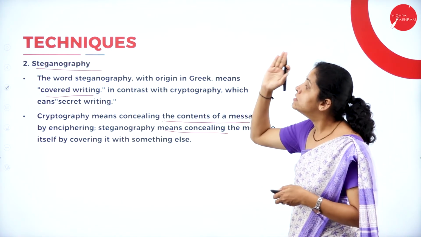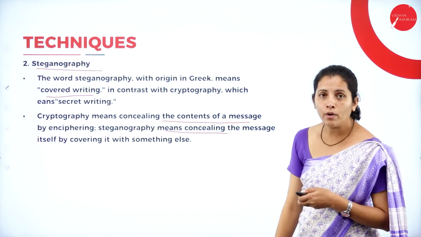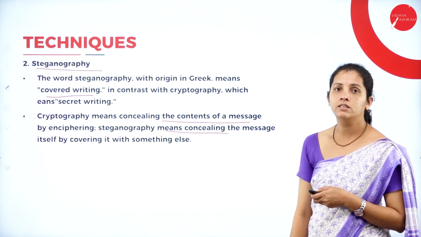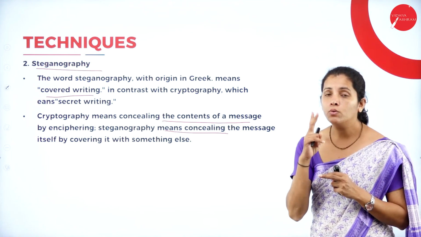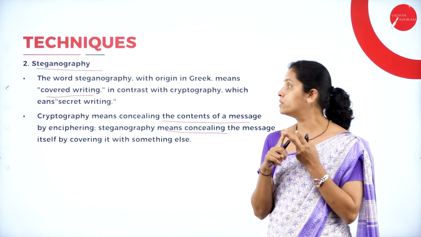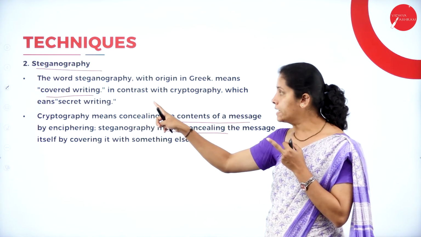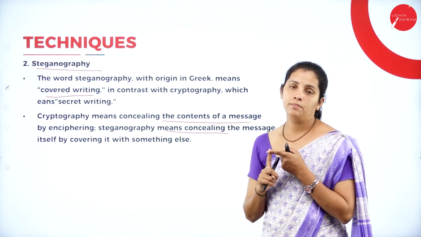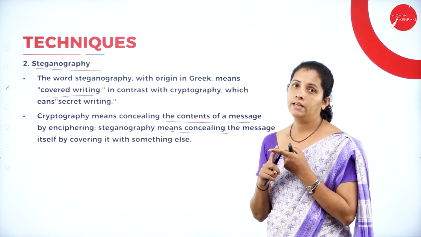So these are some of the different types of techniques we have under network security. Here we have cryptography as well as steganography. Cryptography is nothing but secret writing, whereas steganography is nothing but covered writing.